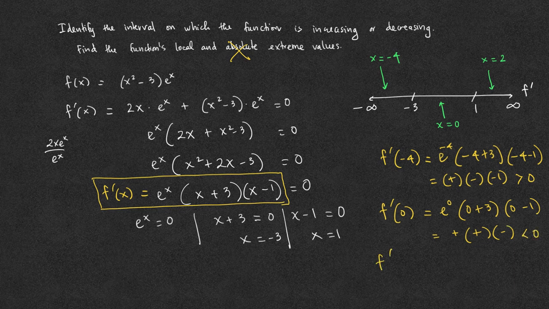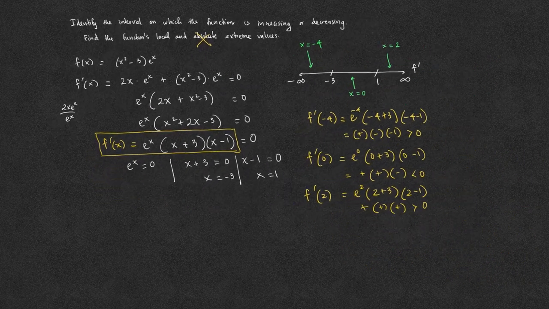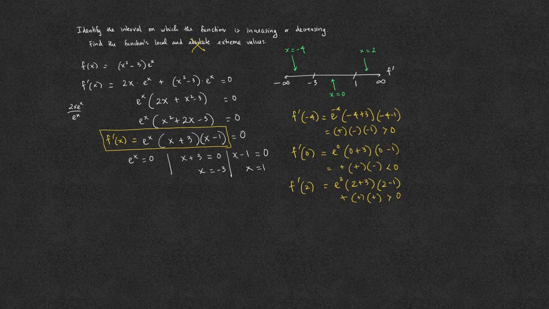Lastly, f prime of 2 is e to the 2 power times (2 plus 3) times (2 minus 1). This is a positive times a positive times a positive, and so it is positive. The sign of the first derivative at each test point determines the sign of the entire subinterval.